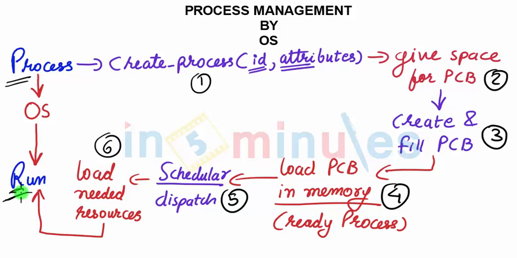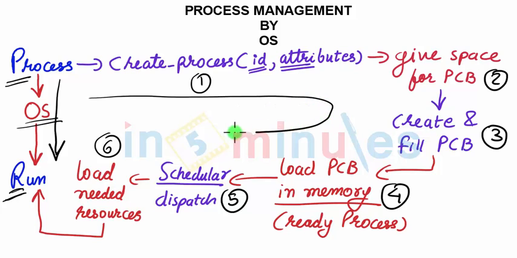So as we can understand, what appeared to us as a simple process being executed by the OS is not a direct map. It goes through the entire creation, dispatching and running phases. So this is the process management done by the OS.